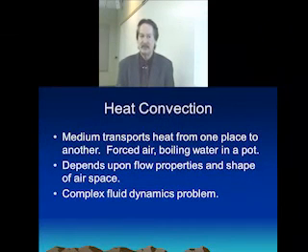Heat convection requires that there be a medium, such as in forced air. The air is the medium which moves, goes from the furnace, is warmed up, and then that heat is taken into the room and deposited there. You can also think of the convection of heat on the stove in a pot of water.